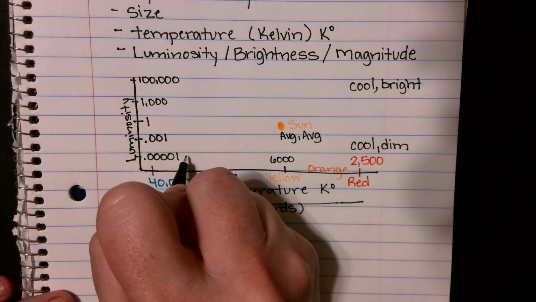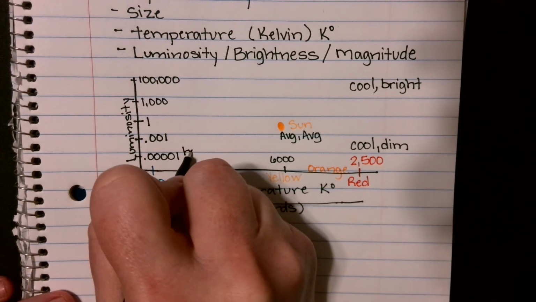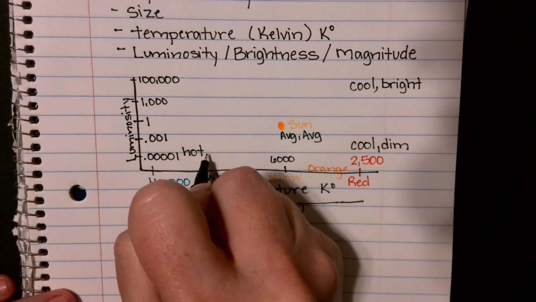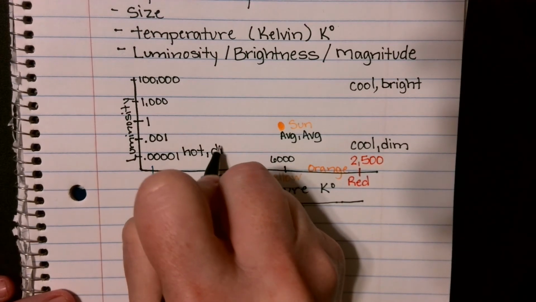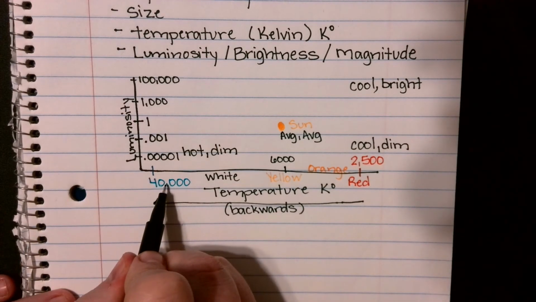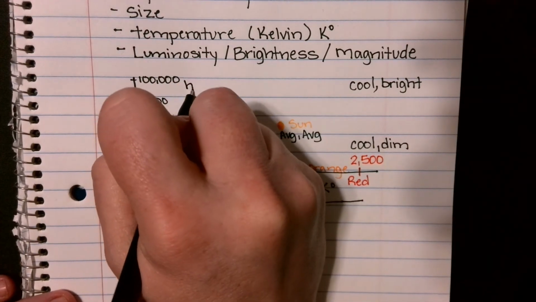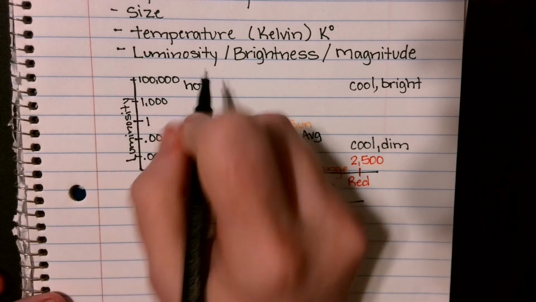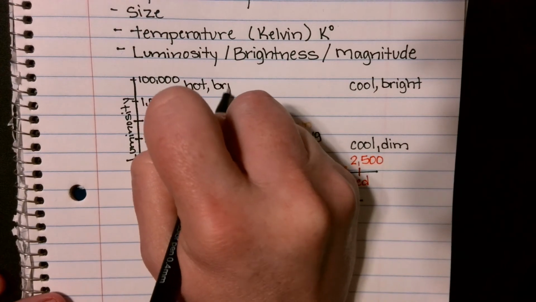So we're going to think of this section as hot, but it's less bright than our sun, so it's hot and dim. And this section here will be 40,000, hot, and 100,000 times brighter than our sun.